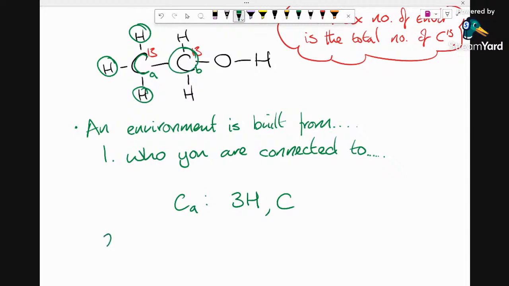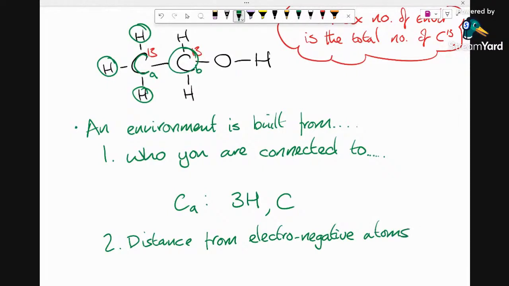The next part of your environment is your distance, and this is a common thing that's missed when teaching. It's the distance from electronegative atoms. Now, this is a little more complicated than that. I like to say distance from anybody who's weird.